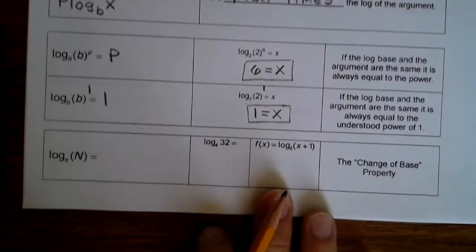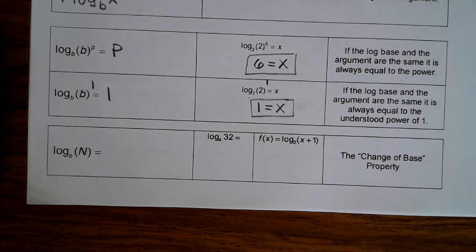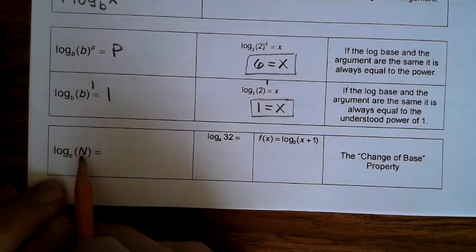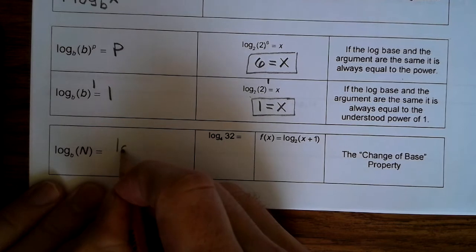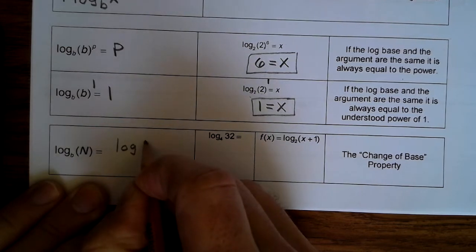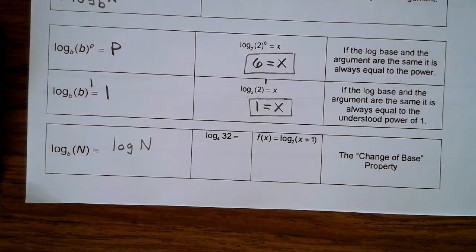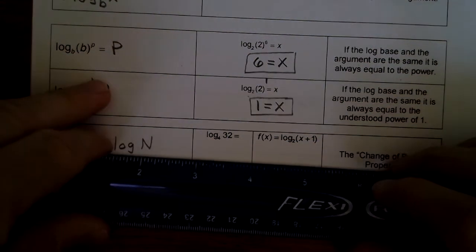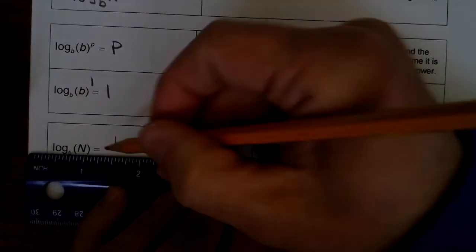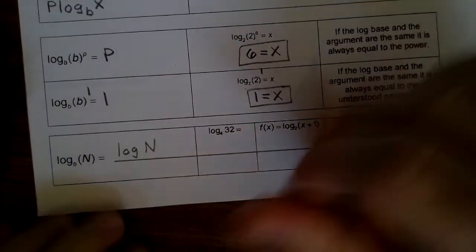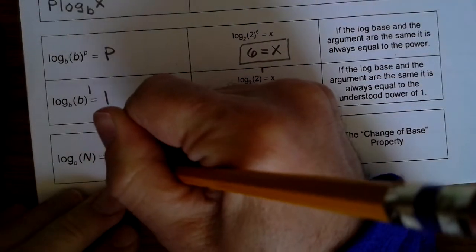All right. Now, the change of base property states that log base b of n is equivalent to log of n divided by log of b.